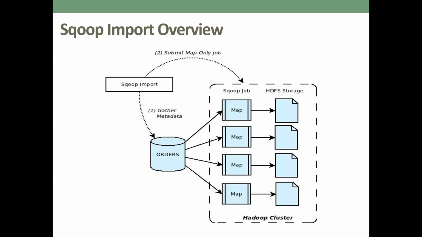Here we can control it, because the input is basically an RDBMS table. We can control the number of map tasks. By default, it is four map tasks.